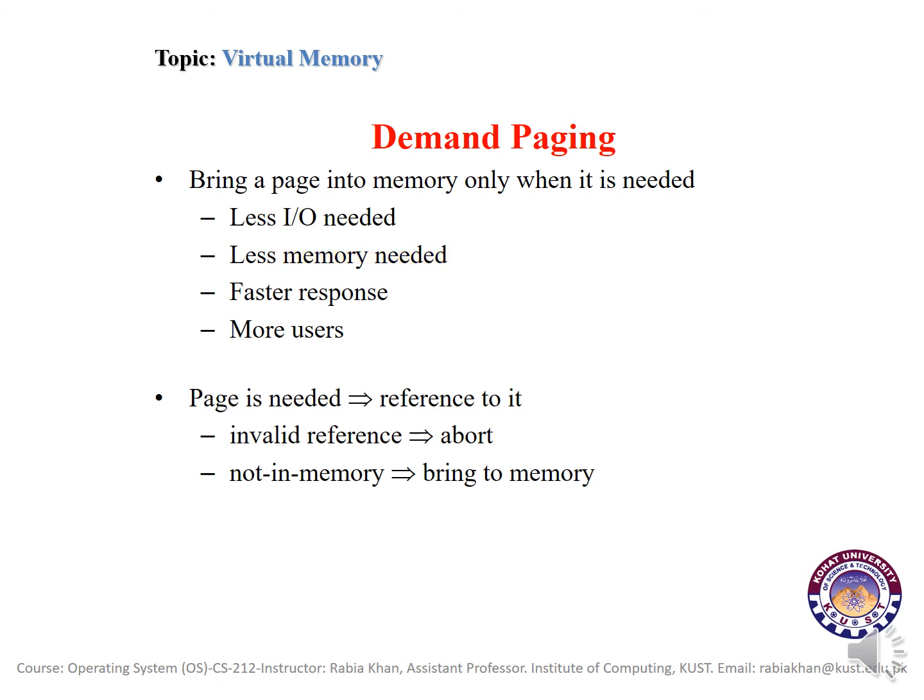Another benefit is faster response, and it is due to the fact that the CPU will be more busy in executing instructions within the pages or segments, and quick response will be generated from the CPU.